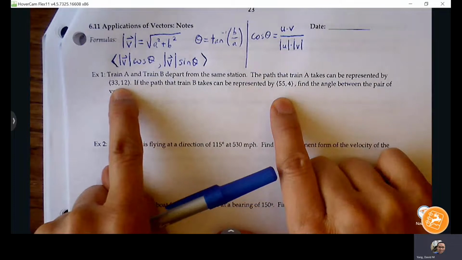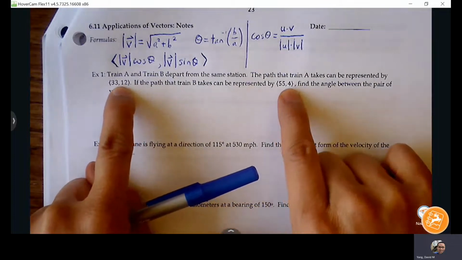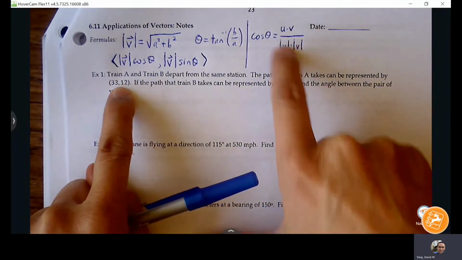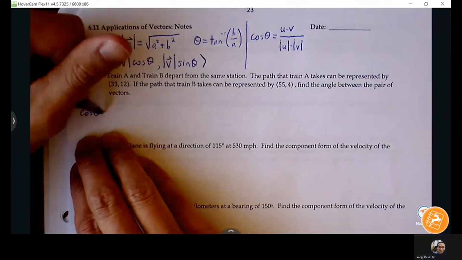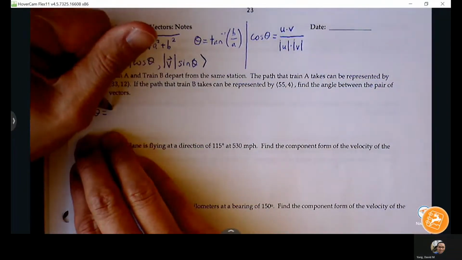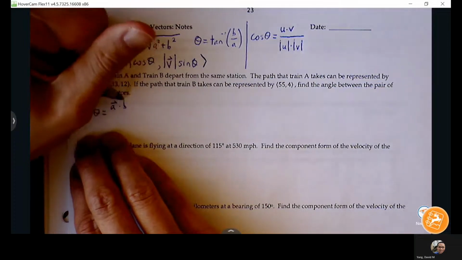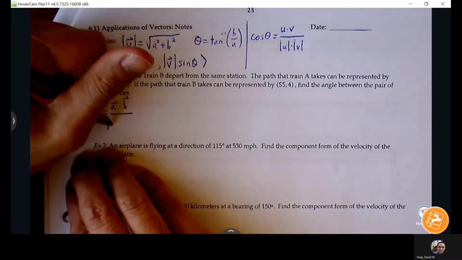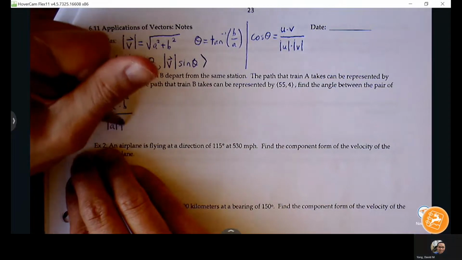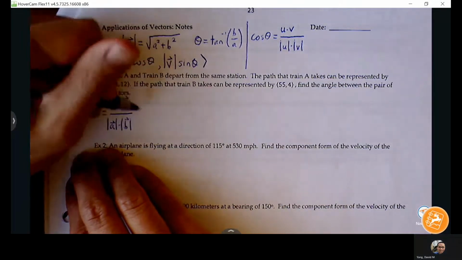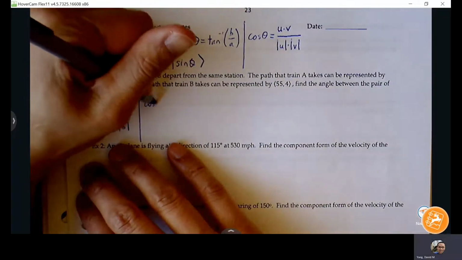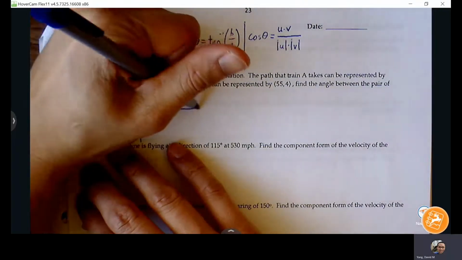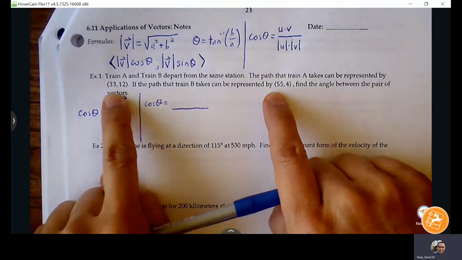Okay, so I'll call this vector A, I'll call this vector B, and I'm just going to adapt this formula. Okay, let's find the dot product.